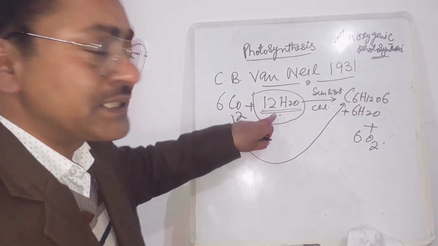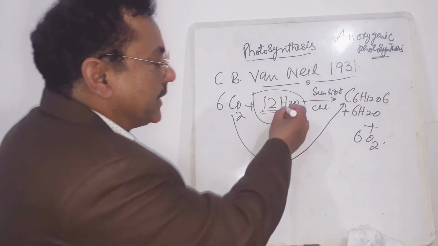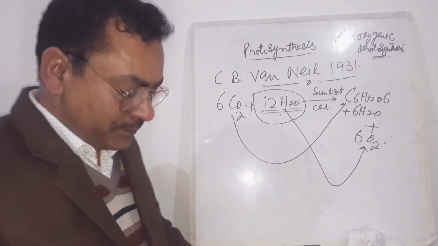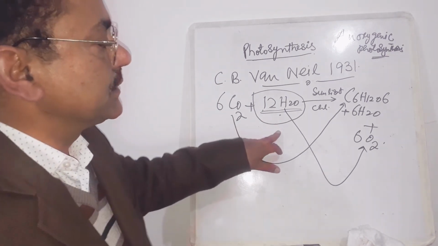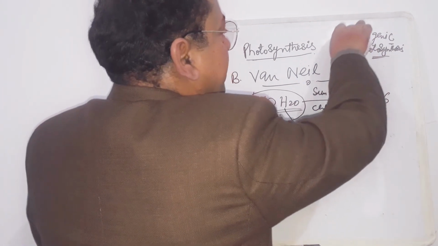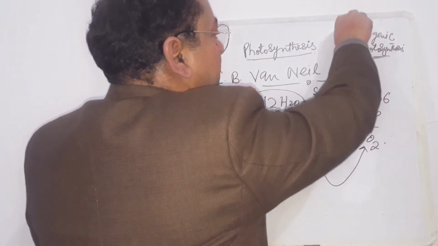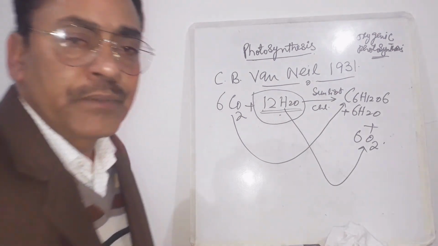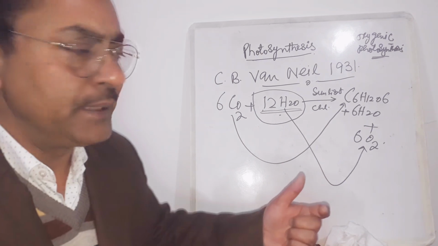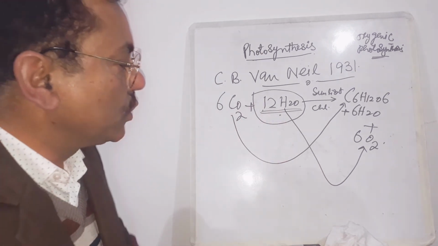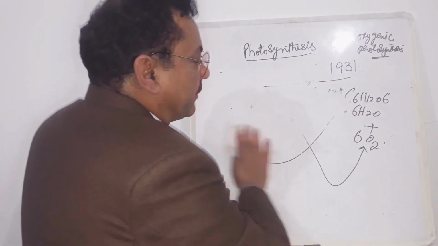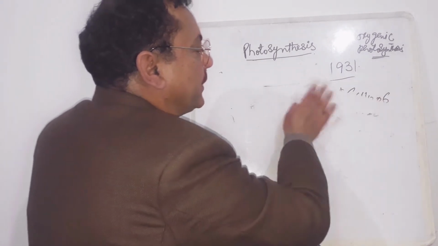And from this water, oxygen is liberated as molecular oxygen. So this is the oxygenic type of photosynthesis, which is performed by all the green plants, and also by cyanobacteria, blue-green algae. Okay, so this is the generalized equation for photosynthesis as per van Niel.